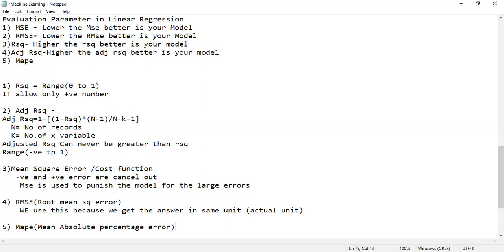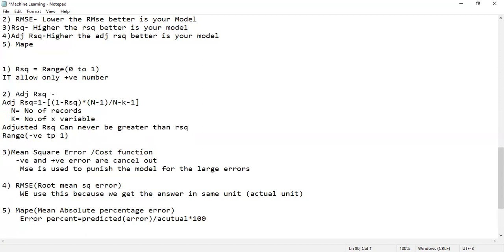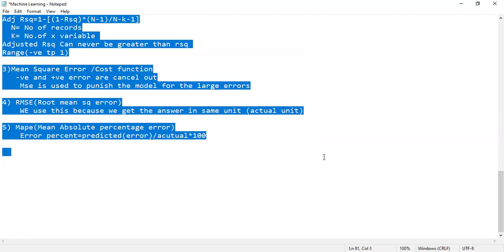What's its formula? Error percent equals predicted error divided by actual, into 100. So these are the five evaluation parameters that we have covered.